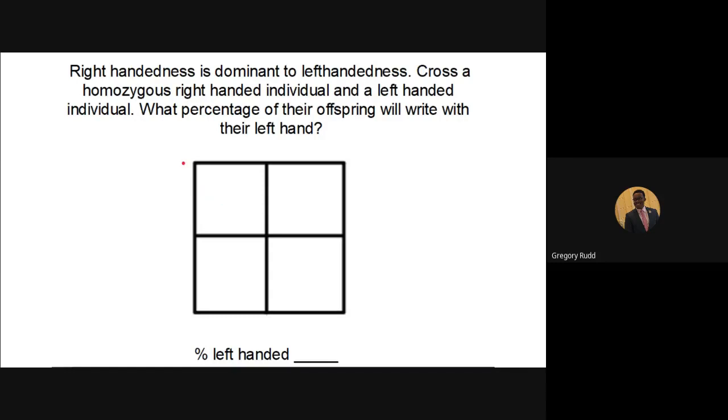So our first step is to make a key. We're going to use the letter R. Capital R represents the dominant allele, which is right-handedness. Lowercase r represents the recessive allele, which is left-handedness.